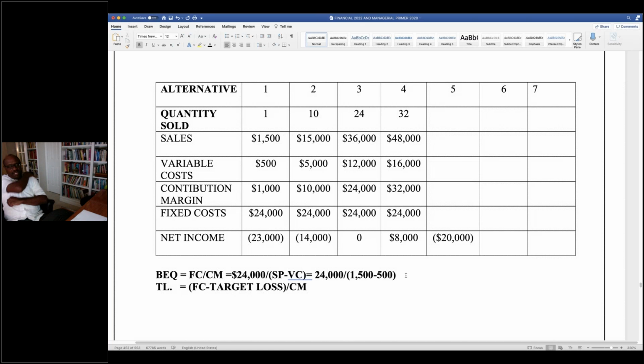Work that formula to see if you can get an amount that's going to produce a loss of 20,000.